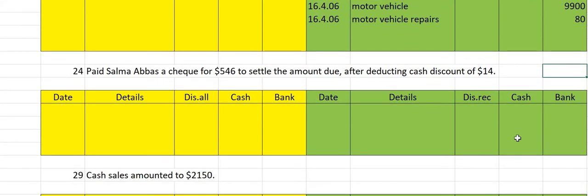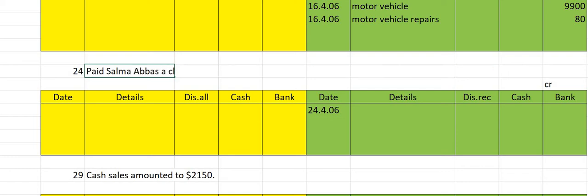Right. Now the next, 24th. Paid Salma Abbas a cheque for 546. So back again here you enter it on the credit side because you paid. And what was the date? It was on 24th, 24/4/06. To whom did you pay? Salma Abbas.